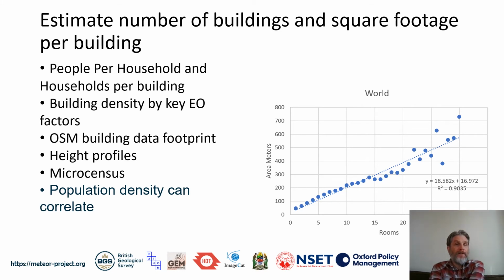OSM building footprint data can really help out here, but in that case, you have to really review it for areas to figure out what that relationship is between the population as estimated by the census and the number of buildings.